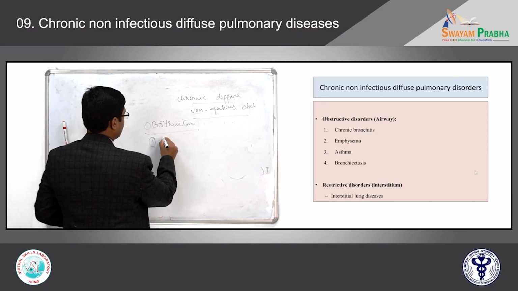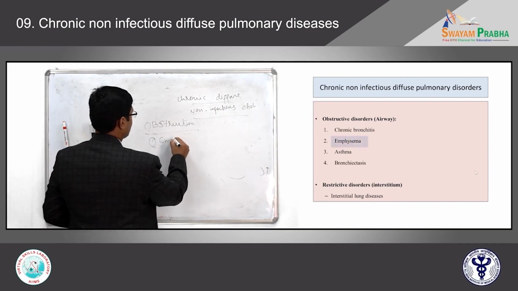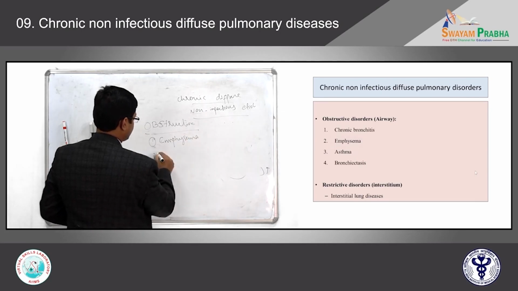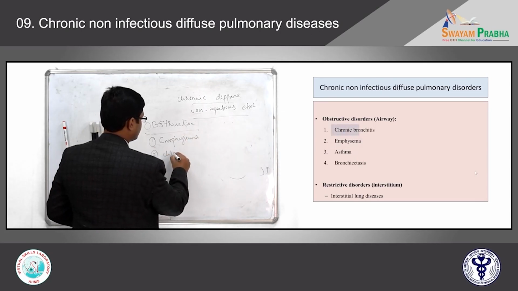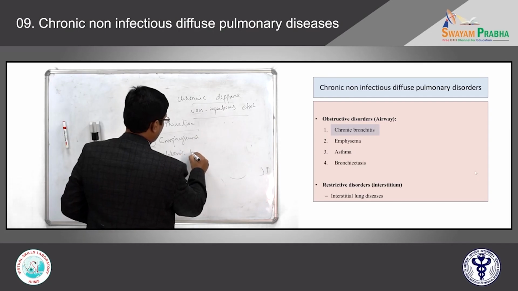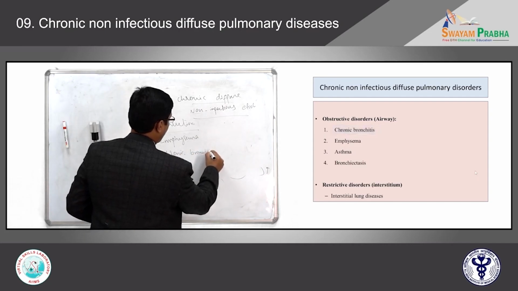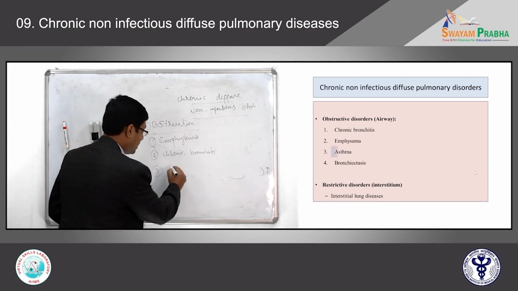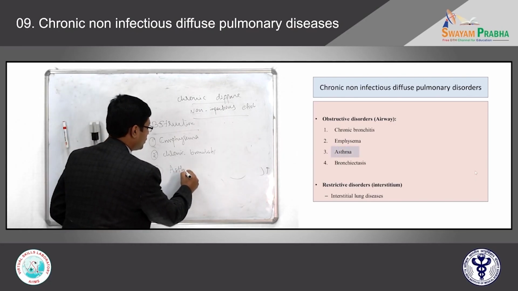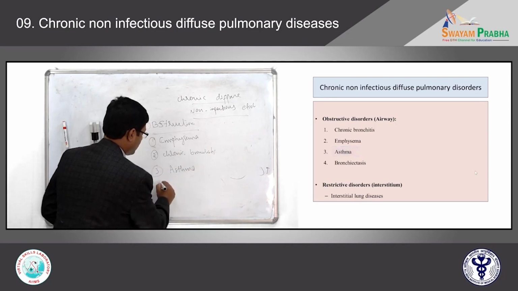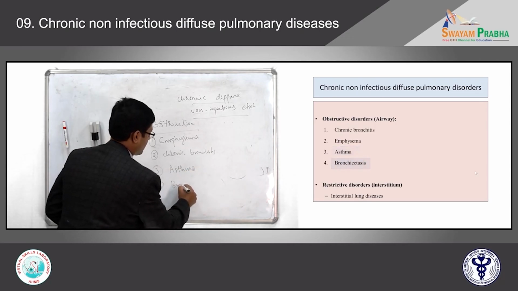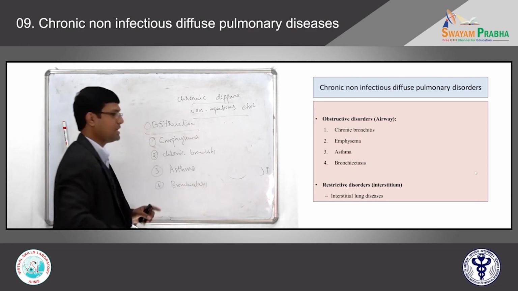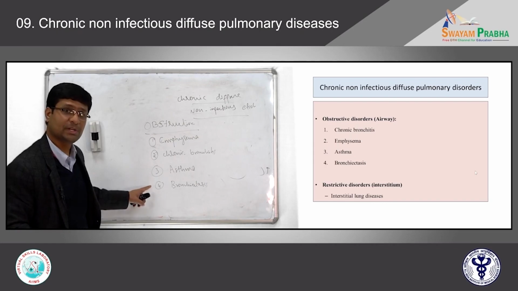One, emphysema. Second, chronic bronchitis. Number 3, asthma. All of you are familiar with asthma. Number 4, bronchiectasis. These are the 4 individual diseases.